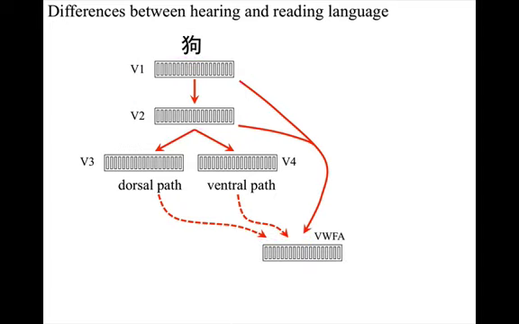But if you know Chinese and see the Chinese character for dog, there's again lots of activity in the VWFA, but there's a lot more activity in V3 and V4 in the case of Chinese, indicating the more complex Chinese characters are handled using the V3 and V4 receptive fields that carry information about combinations and relative positions of the V1 and V2 fields, with the simpler alphabetic script just using those simpler V1 and V2 fields.